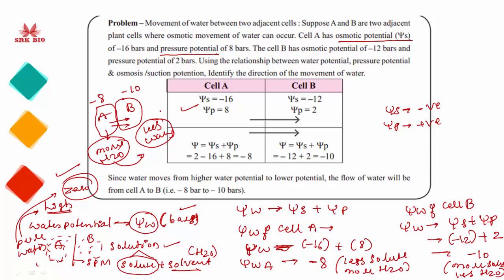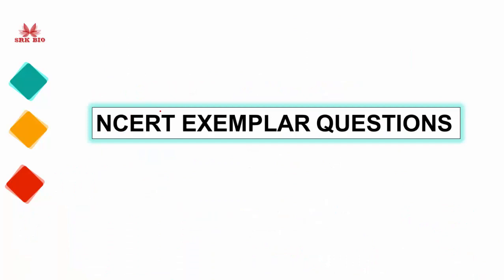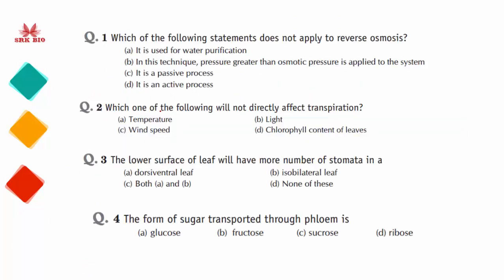So, moving to the NCERT exemplar questions, here is the first list. Which of the following statements does not apply to reverse osmosis? Osmosis is a passive process without expenditure of any energy. The osmosis takes place.